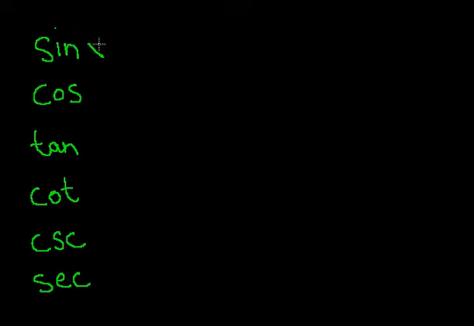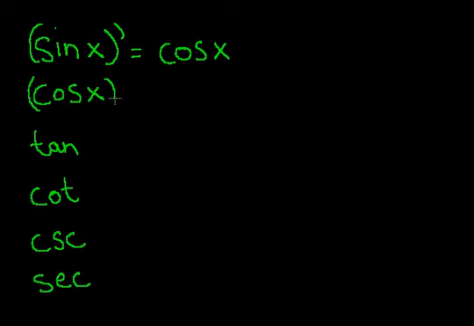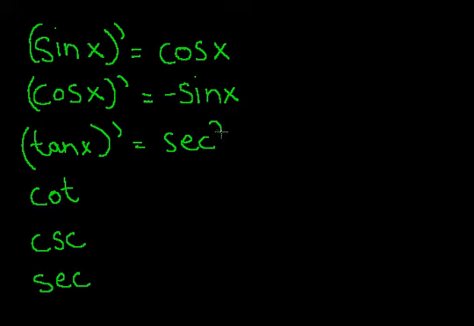So the sine of x prime equals the cosine of x. The cosine of x prime equals negative sine of x. The tangent of x prime equals secant squared of x.